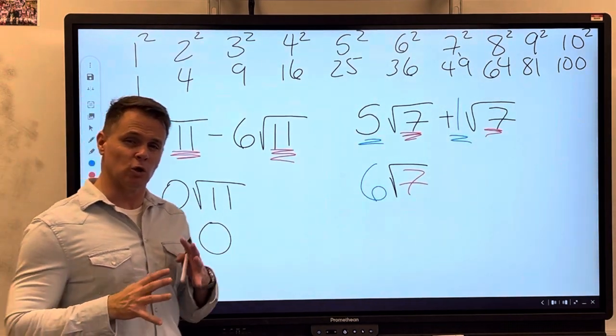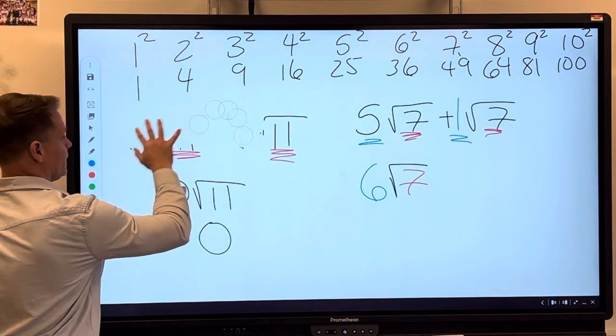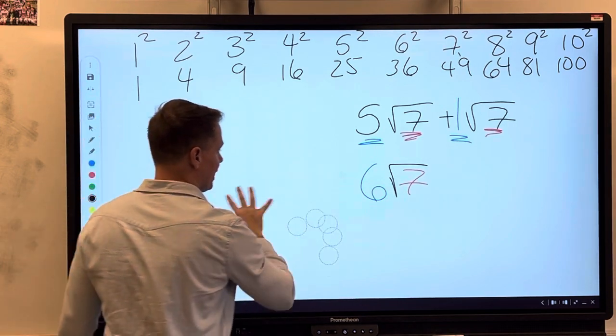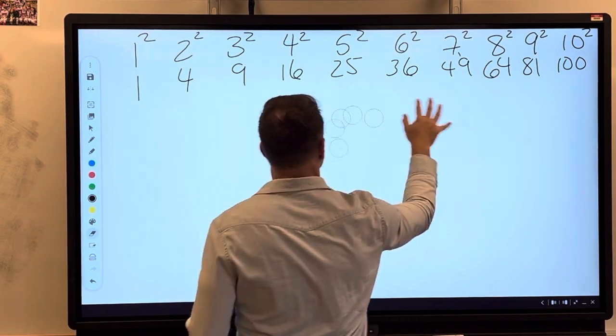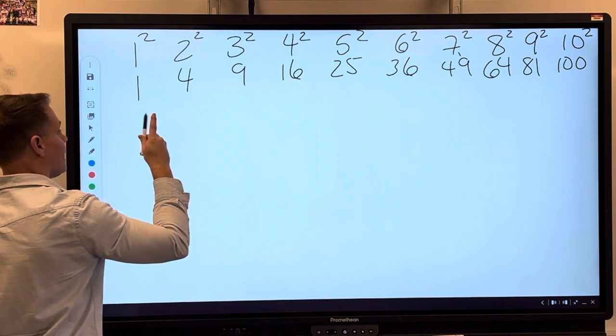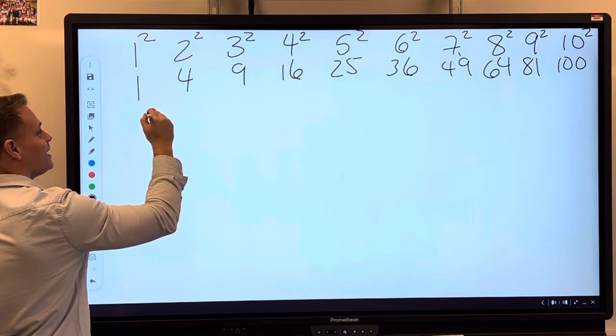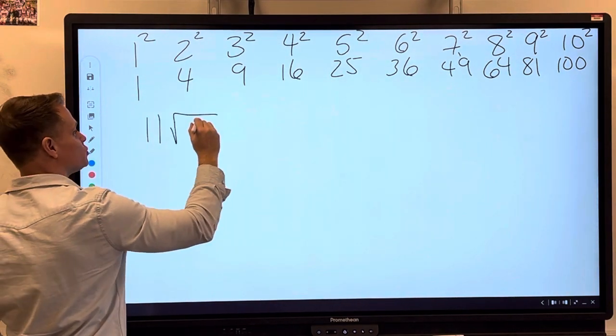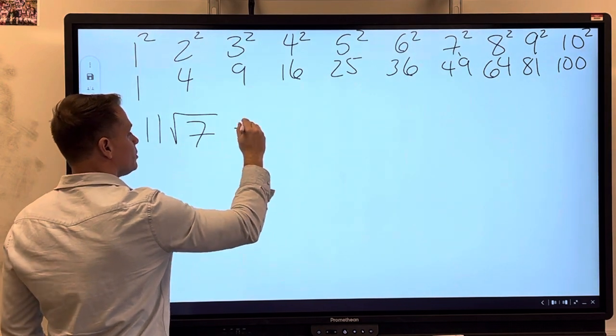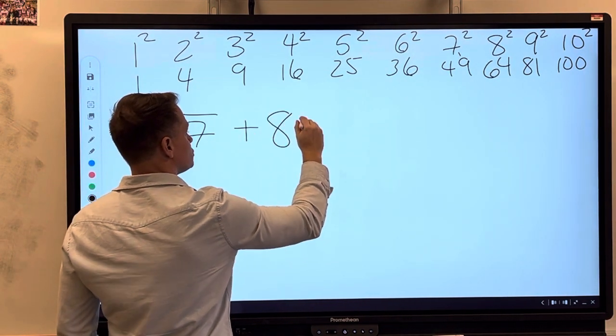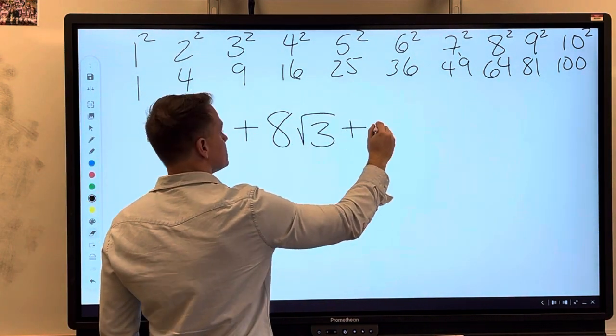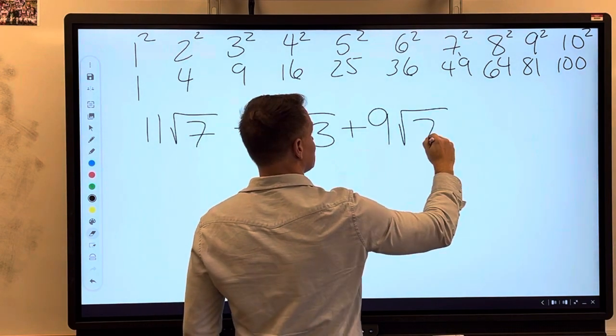Now, let's make this a little bit more complicated. Let's say we have 3 terms. We have 11 times the square root of 7 plus 8 times the square root of 3 plus 9 times the square root of 7.